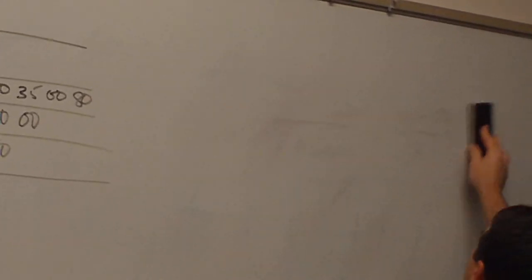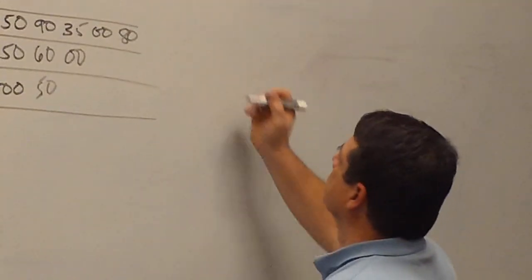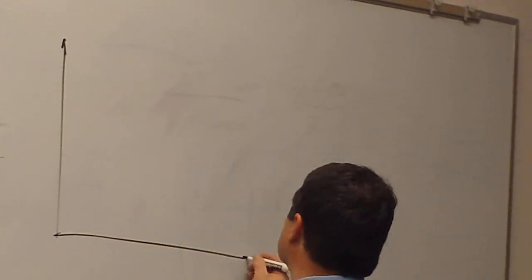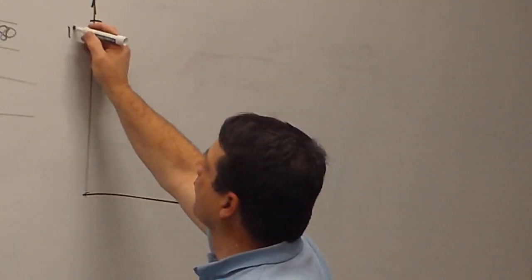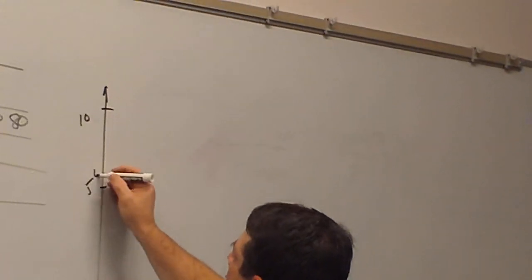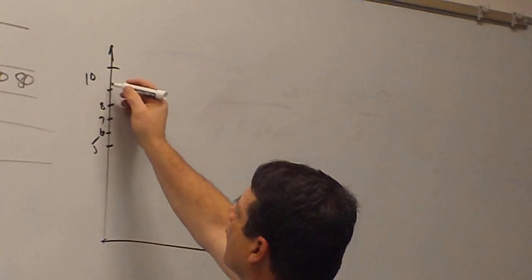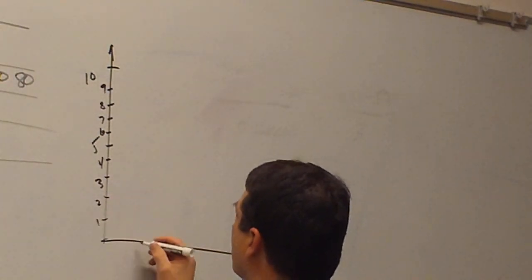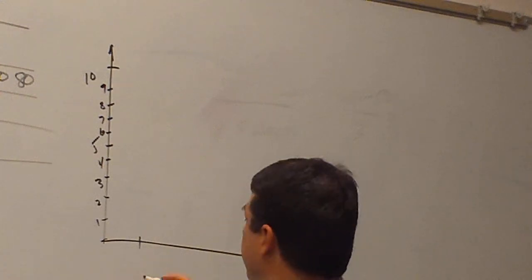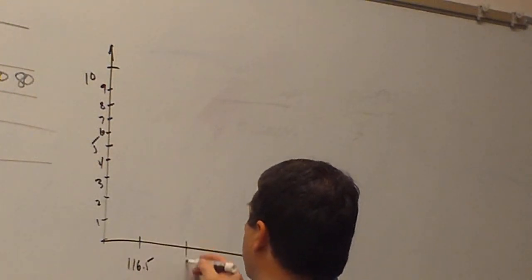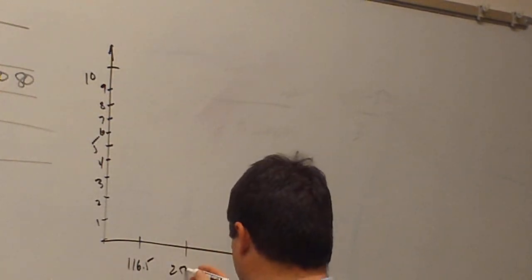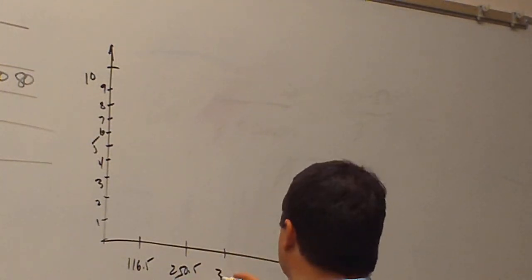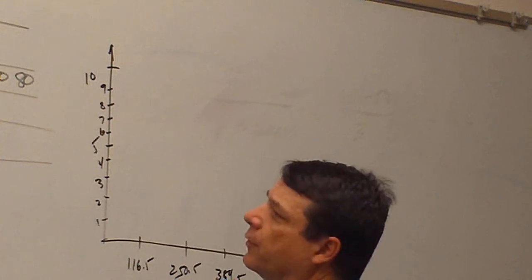So the graph of this will look like the following. Okay, so it's 116.5, 250.5, and 384.5.